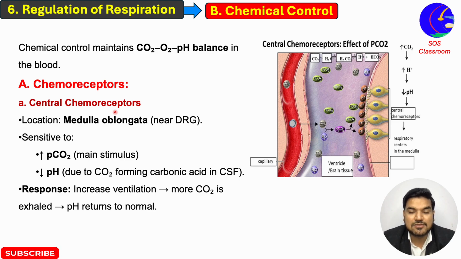When the central chemoreceptors activate, it leads to maximum exhalation of carbon dioxide from the body to the lungs and the external environment. Then the pH level returns to the normal level, 7.35 to 7.45.